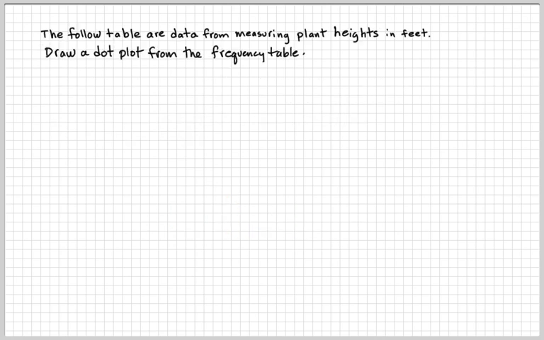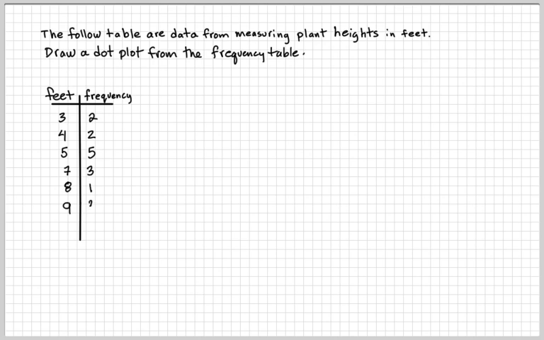Okay, so the following table is data from measuring plant heights in feet. Draw a dot plot from the frequency table. This one is a bit unrealistic because usually the heights of plants are not discrete, they're continuous.